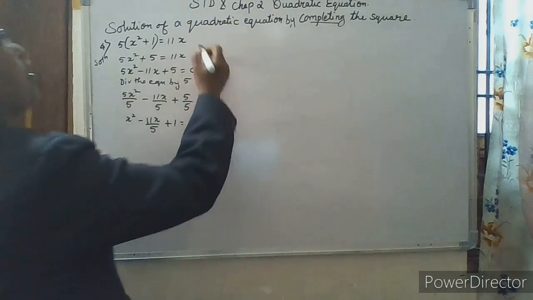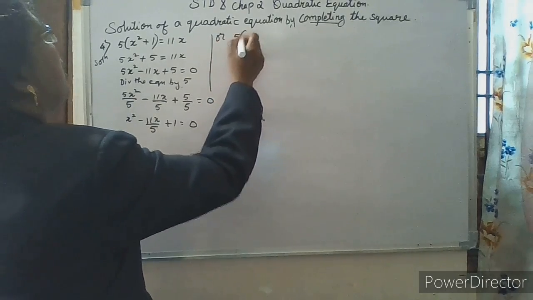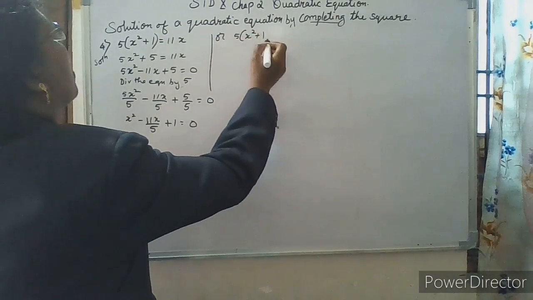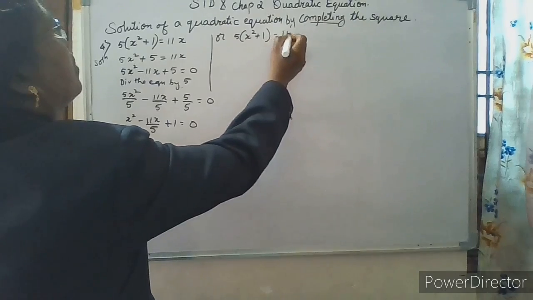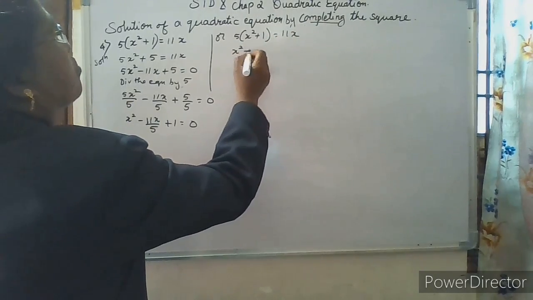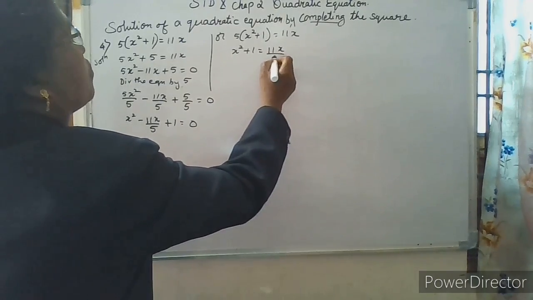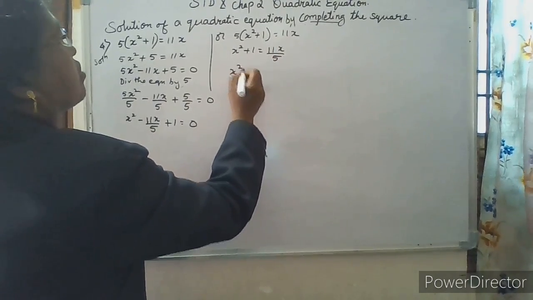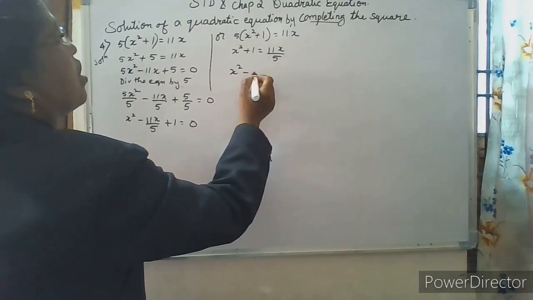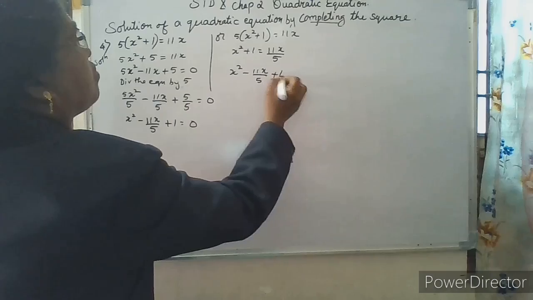Or this can also be done directly this way: 5 into (x squared plus 1) equal to 11x. Directly I can take 5 to that side. So x squared plus 1 is equal to 11x/5. Then it is x squared minus 11x/5 plus 1 equal to 0.